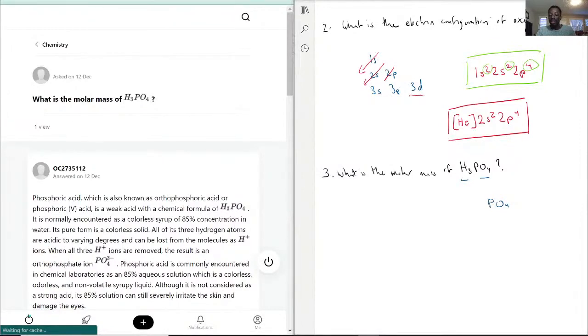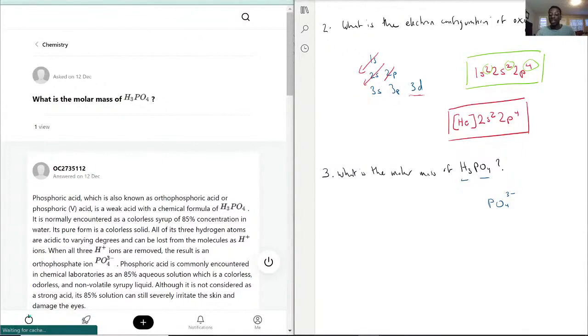And the key thing is that because there's 3 hydrogens attached to it, we know that the phosphate ion is 3 minus. So this is composed of a phosphate ion and 3 hydrogens. When you have a main component and you see that hydrogens are kind of just thrown in, you've formed an acid.